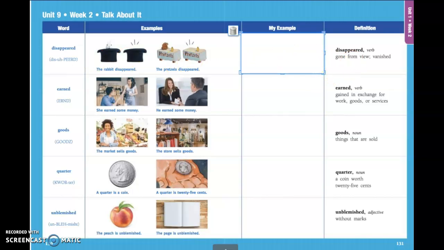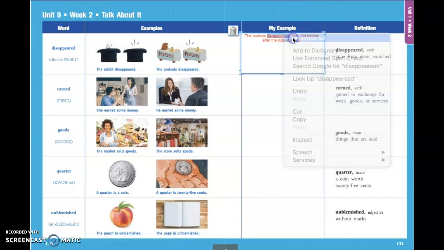So my sentence for disappeared is going to be kind of just what I said. The cookies disappeared from the kitchen after the kids woke up.